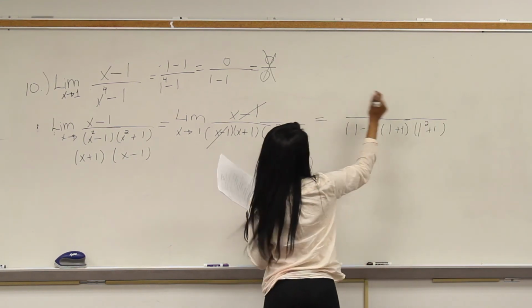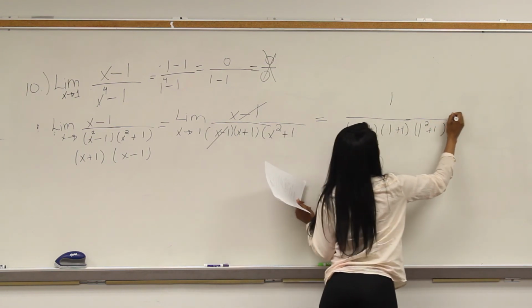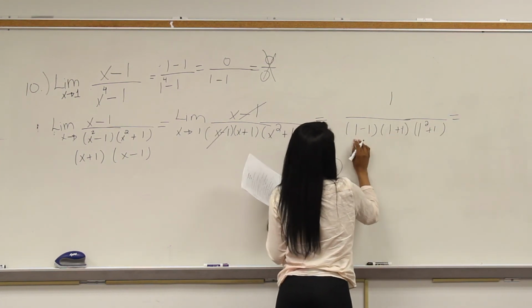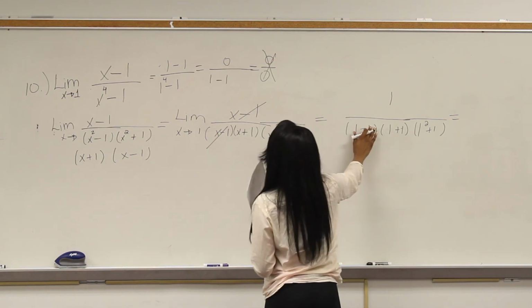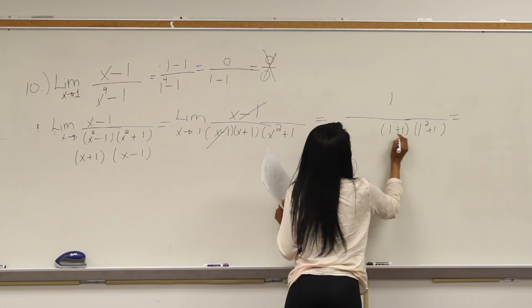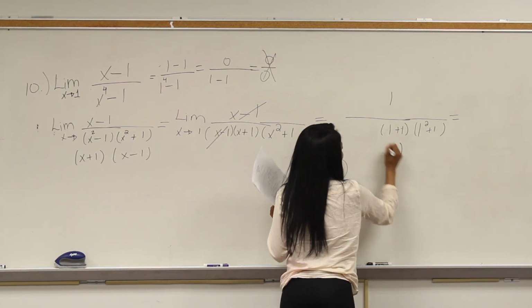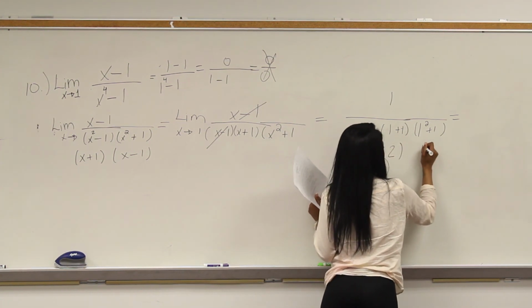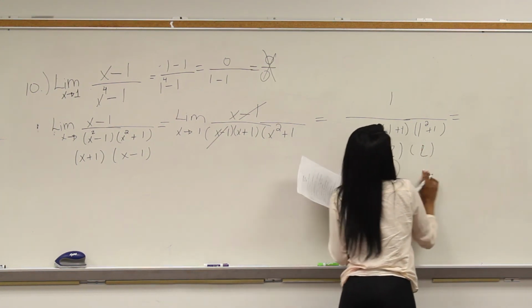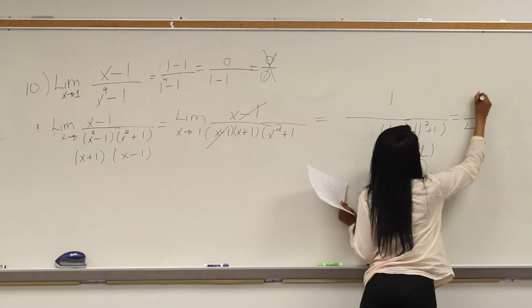Since we canceled at the top, this is going to be 1. Now we simplify these. This is 1 plus 1, which is 2. And then this is 1 plus 1 again, which is 2. And we have 2 times 2, which is 4. So our answer is 1 over 4.